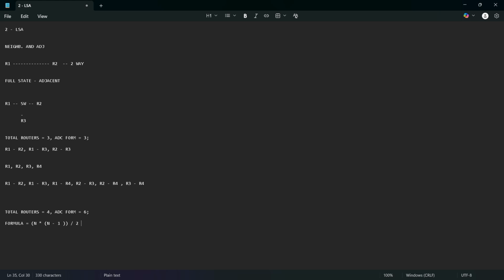This is the formula that is getting derived from this particular state. If I put this into the formula, it comes out as 4 into 4 minus 1, that is 3, and all total divided by 2, which comes to 6. This is the total number of adjacencies.